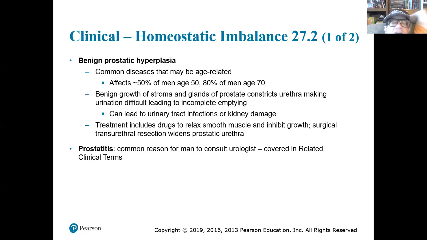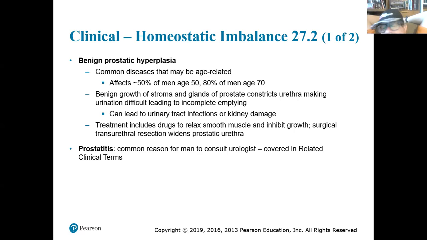What this means is that a lot of old people have this problem. I've got to pee, I can't pee. It's because the prostate in these men is getting larger and constricting the urethra. Because they can't void properly, this could cause urinary tract infections or even kidney damage.